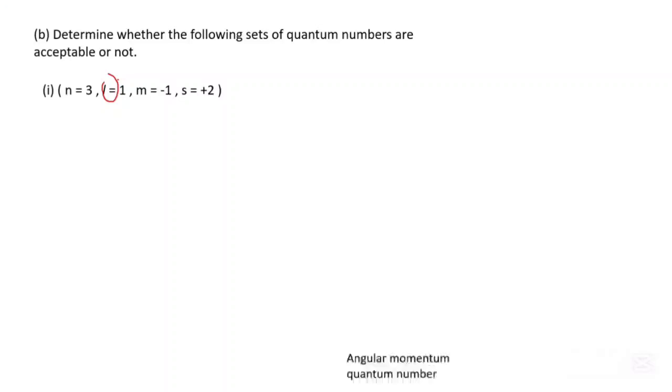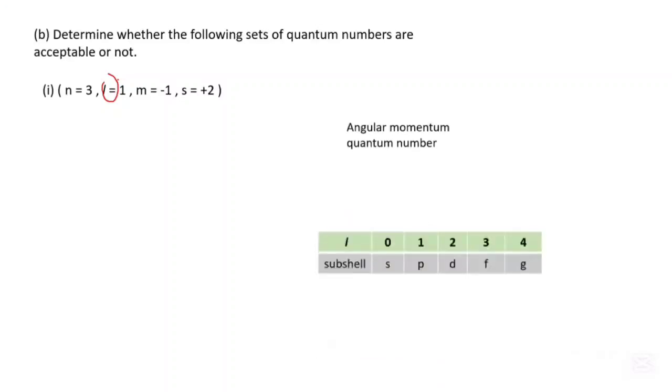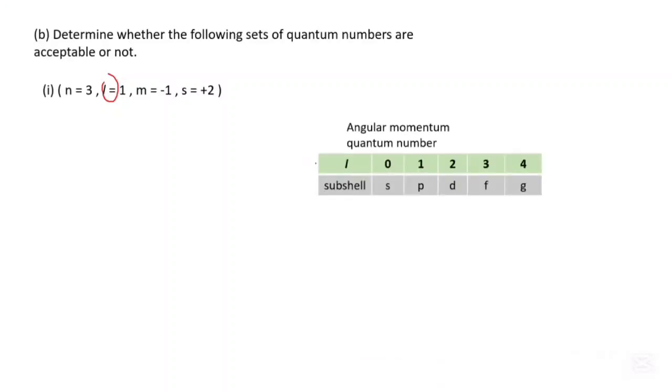Here I have given the notes for the angular momentum quantum number. The possible values start from 0, 1, 2, 3, 4. Usually we will use until 2, until subshell d. Subshells f and g are not common. m is the magnetic quantum number, and the possible values depend on the angular momentum quantum number.